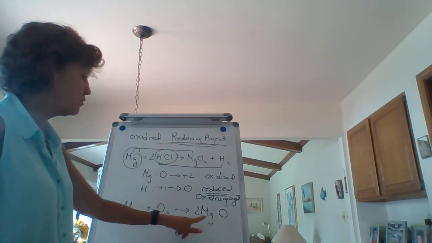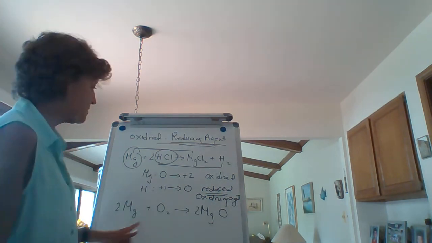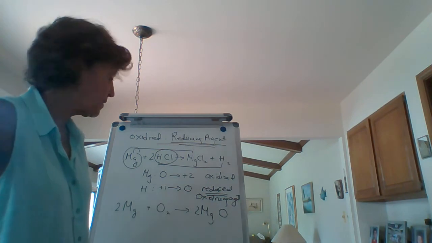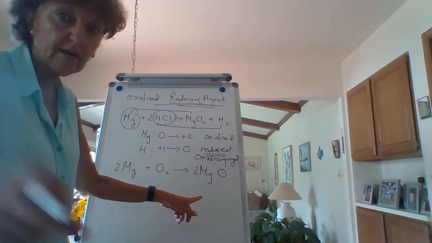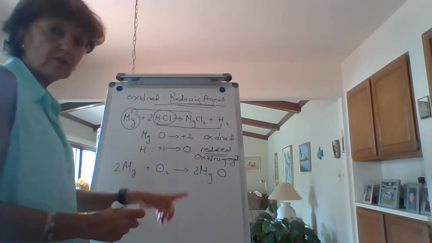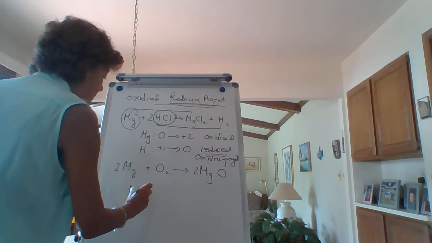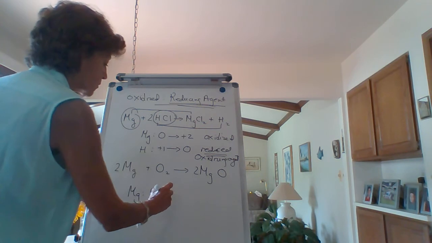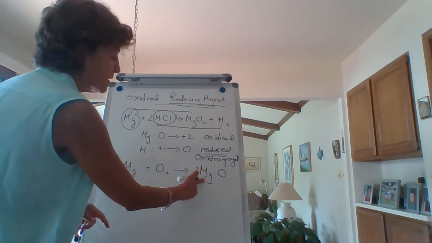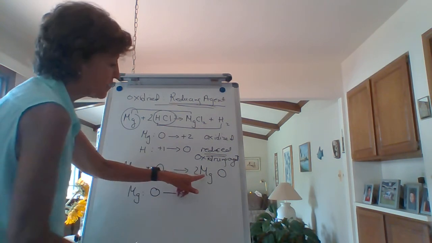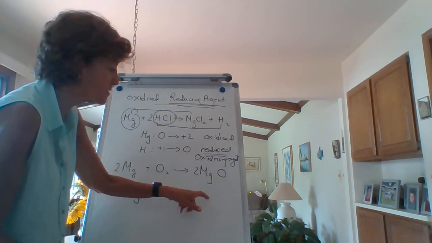Magnesium plus oxygen will give you magnesium oxide. This is a combination reaction. How do I know it's combination? Because I have one product. So let's assign oxidation numbers. The magnesium on the left, all by itself, is a 0. Magnesium on the right is part of an ionic compound, magnesium oxide.